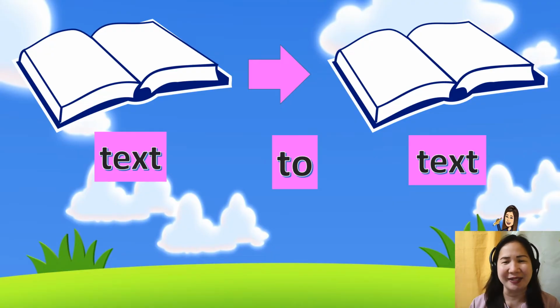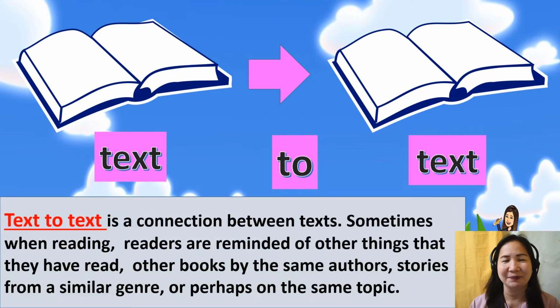What do you mean by text-to-text connection? Text-to-text connection is a connection between texts. Sometimes when reading, readers are reminded of other things that they have read, other books by the same authors, stories from a similar genre, or perhaps on the same topic.